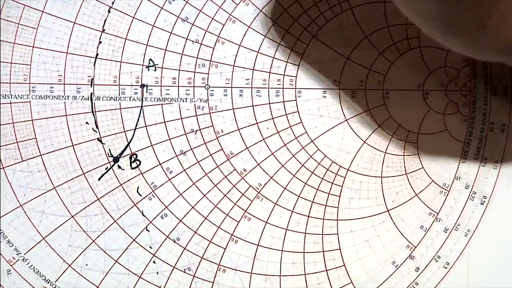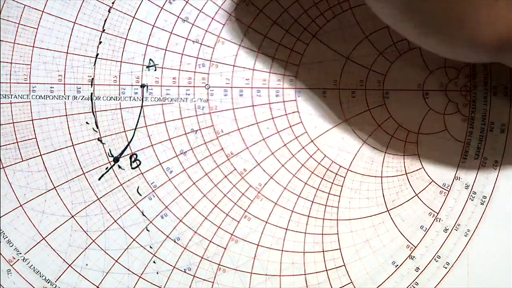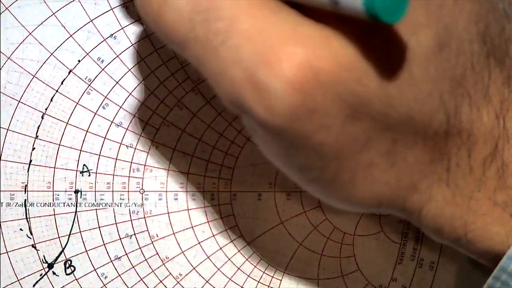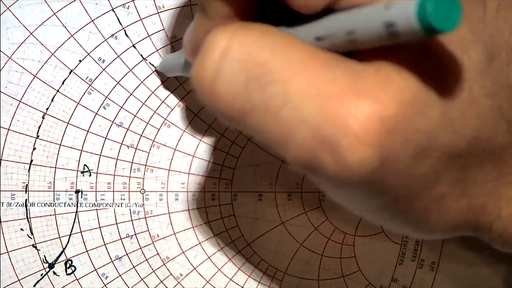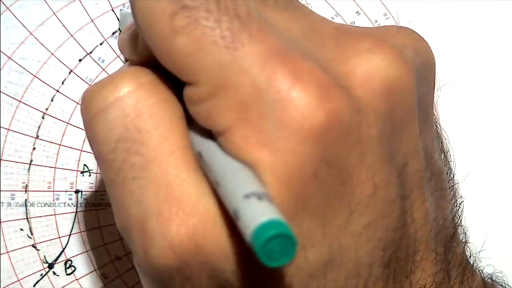So this is the red 0.4, and this is the 0.8. This is 0.8. Okay. So we are coming here.